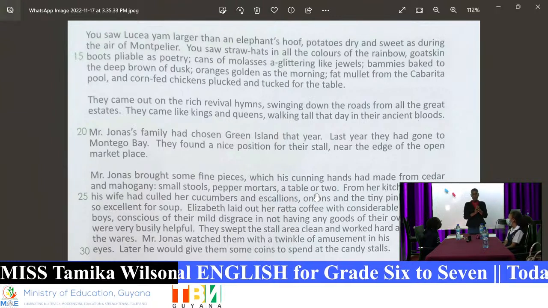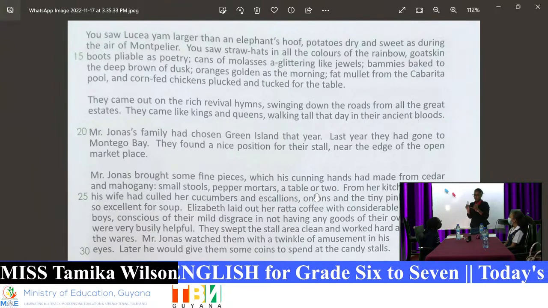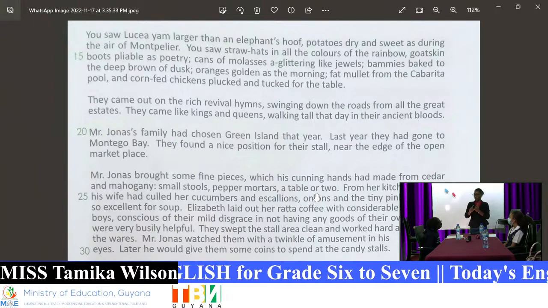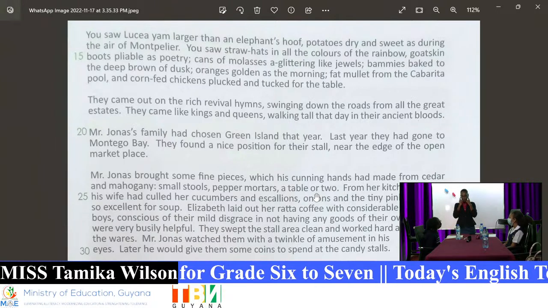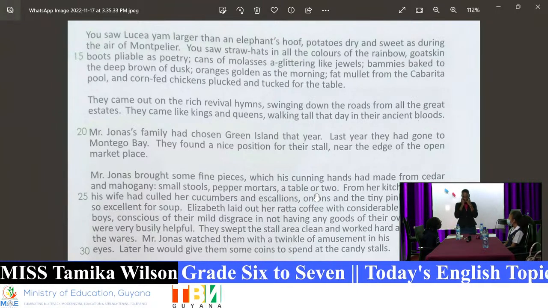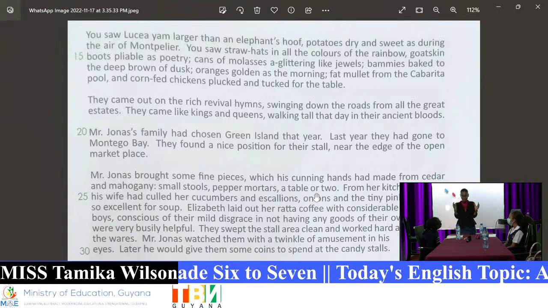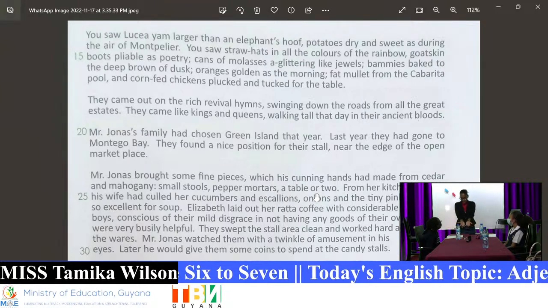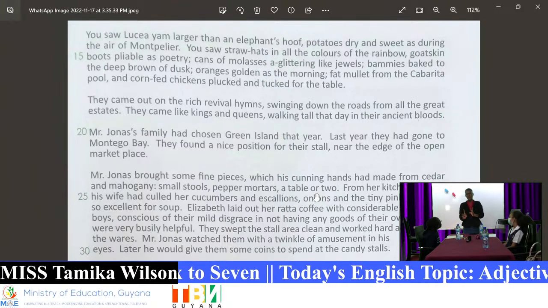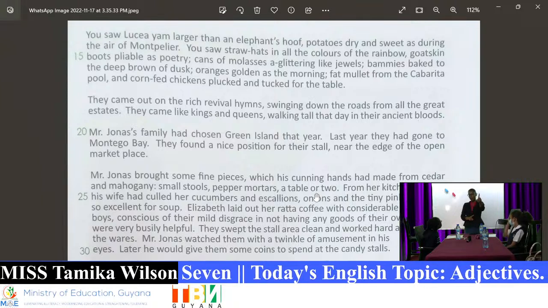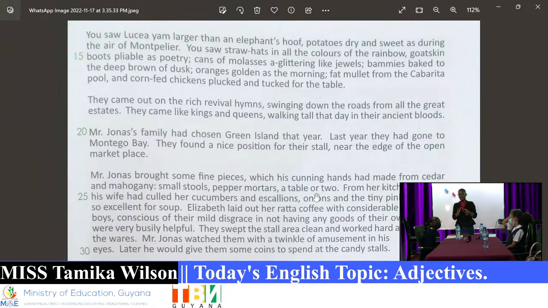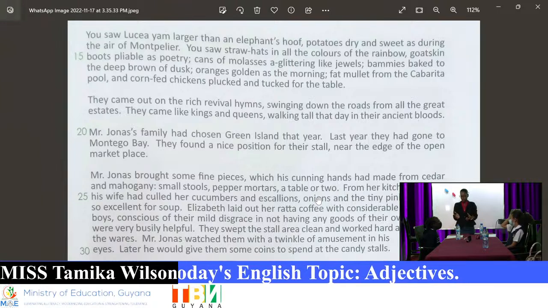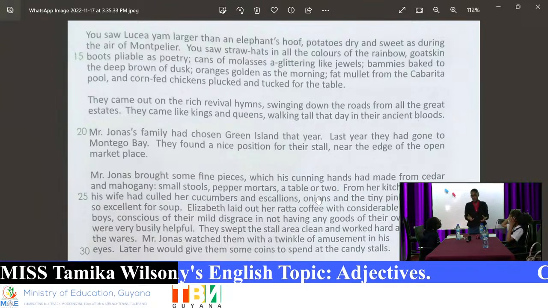One, using words to appeal to the reader's sense of what? Sight. Yes, because we can picture this very big yam. And then also the use of figurative language, because he is comparing the yam to an elephant's hoof. So that would be a comparison, right?